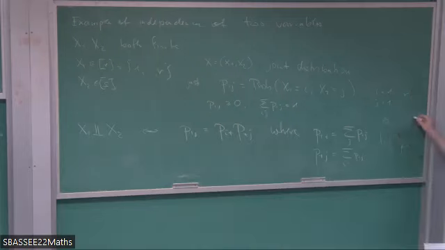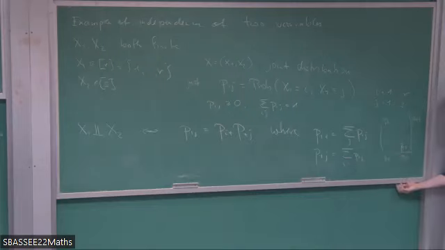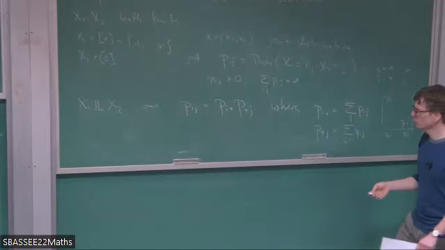If I sum in this direction, I get P1 plus. And if I sum in this direction, the plus indicates sum over this index. So here the sum would be P plus 1, and it goes to P plus S. These are called the marginals, or the row sums and column sums.